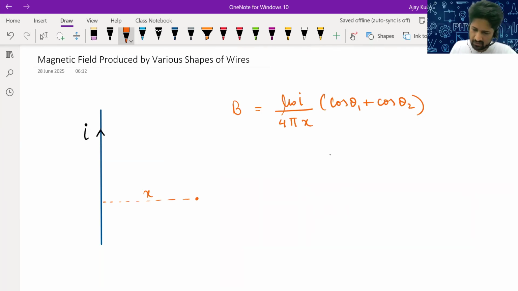Now, if you remember, when deriving the result, we took theta 1, theta 2 as the inside angles. When you join the point where you want the magnetic field to the ends of the wire, you see a triangle forming, and the angles inside the triangle were called theta 1 and theta 2 at the ends of the wire.